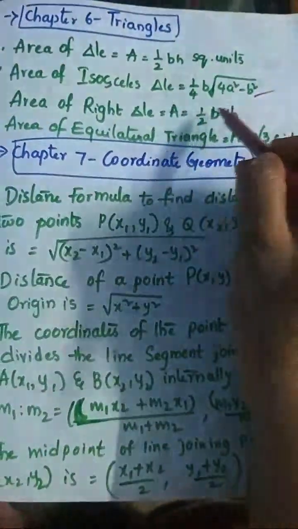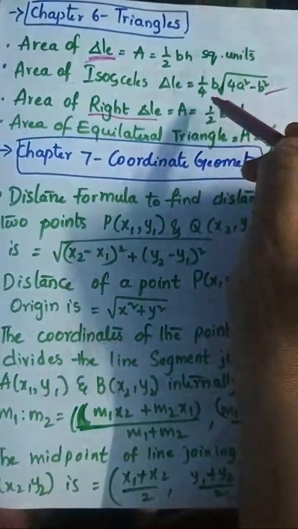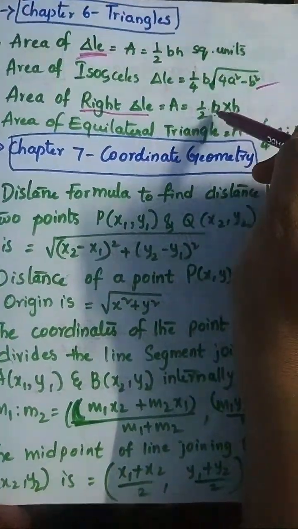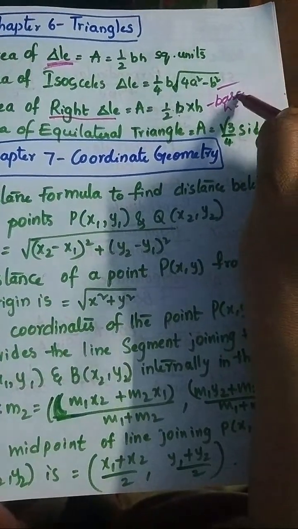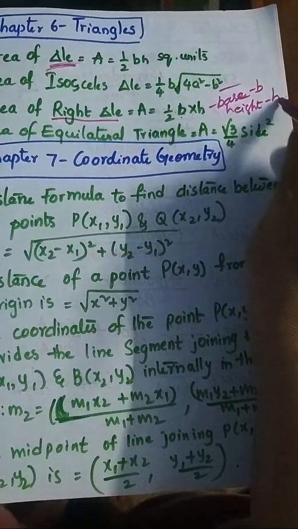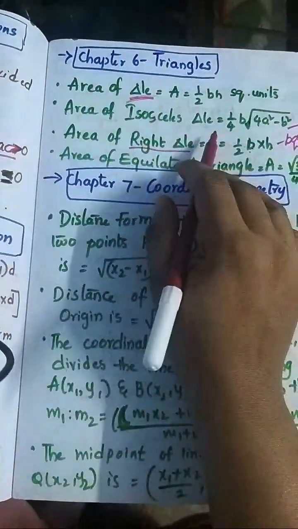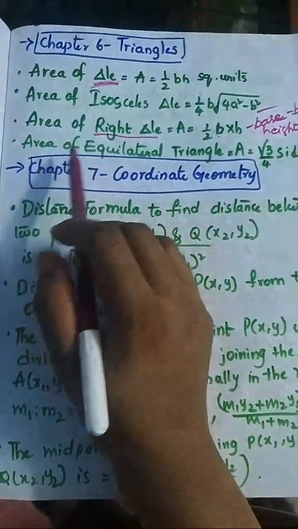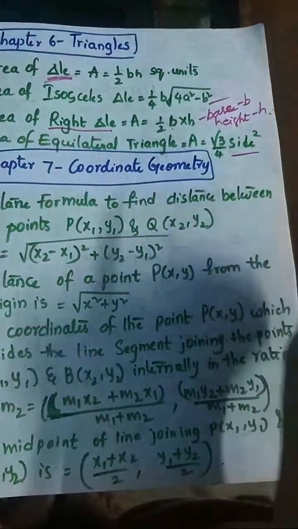And half BH means the right triangle, which is the same, half into base into height. B means base, H means height. Then half into B into H is the right triangle area. Equilateral triangle means area equal to root 3 by 4 side square.